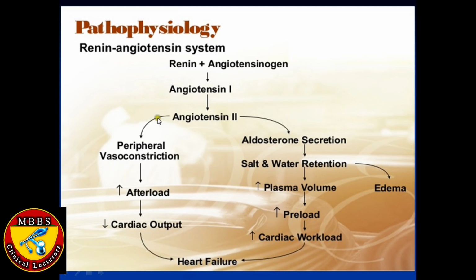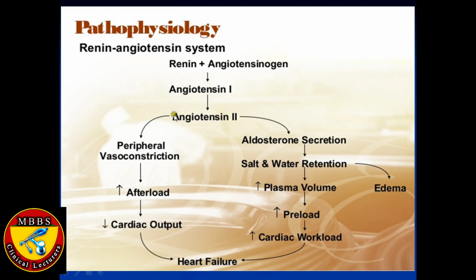Angiotensin 2 can cause peripheral vasoconstriction, and with this there will be increased afterload, and obviously when afterload is more, there will be decreased cardiac output. When the afterload, that is the amount of fluid beyond the heart, is more, then the heart will not be able to pump the blood efficiently into the circulation, and the cardiac output will decrease.